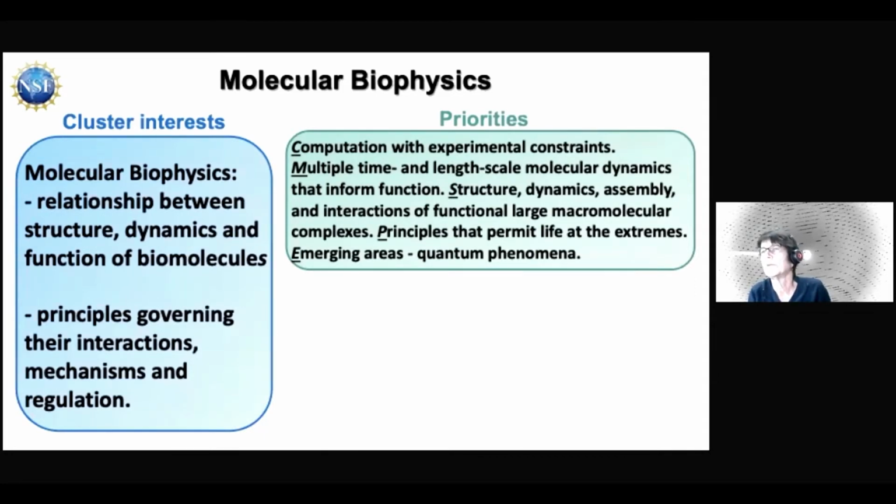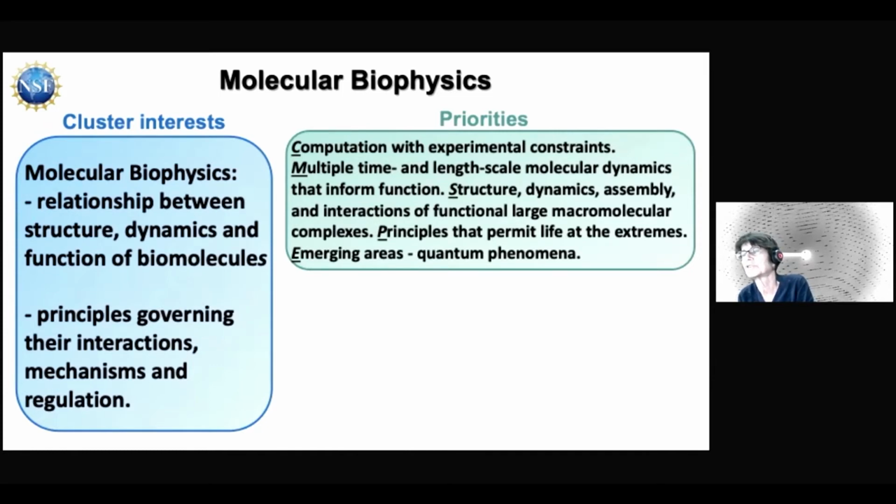So the proposals in the following areas are particularly encouraged. One, we like to see large-scale computations that incorporate experimental constraints obtained using a variety of techniques ranging from NMR to high-resolution microscopy. Note, I said experimental constraints and computation. This is a very important thing. We like to see these two things together and not computation by itself. Molecular dynamic studies on multiple timescales with a goal towards understanding their role in molecular recognition and function.